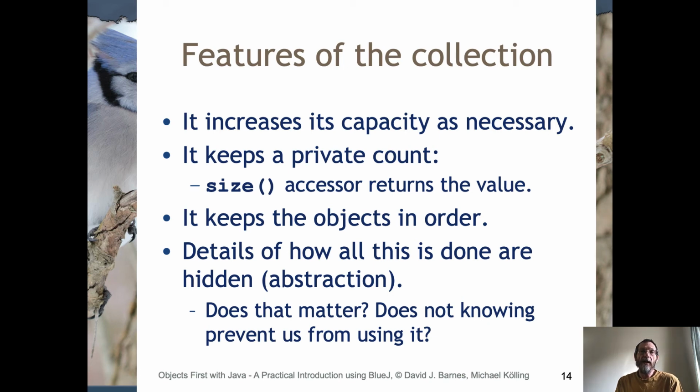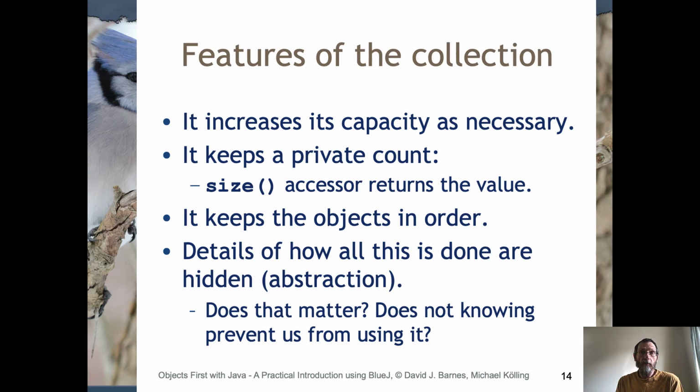And the ArrayList keeps a private count, an internal record of how many items it's currently storing, and it provides an accessor method called size. Note that it's size rather than getSize, that then returns a count of how many items it's currently storing.